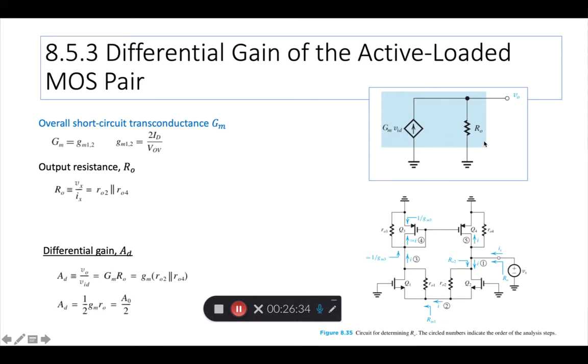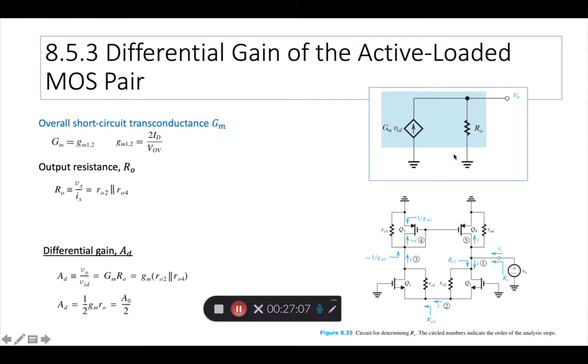It's just GM times RO that gives you the gain, and that is nothing but GM into RO2 in parallel with RO4. Okay. Another way of saying AD, the differential gain, is the intrinsic gain AO, which is GM-RO divided by 2.